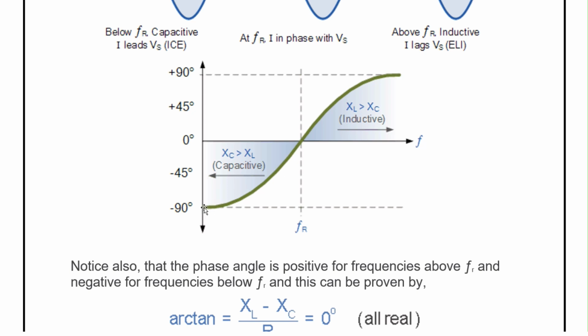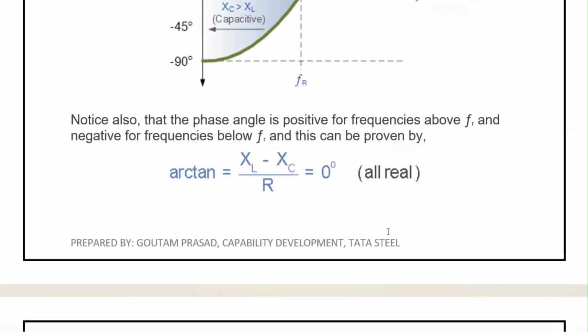So starting from minus 90 degree, it goes up to plus 90 degree. So that is the shift in the phase. Basically, this graph is discussing the phase angle variation of current with respect to your voltage. Okay, hopefully you have understood the explanation.